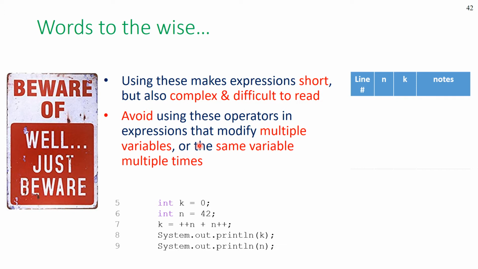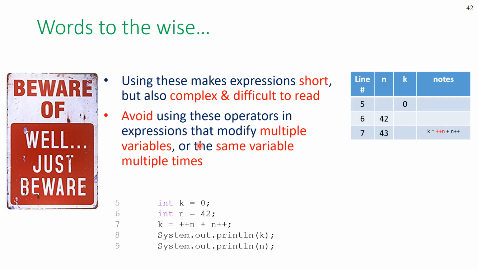So let's do a trace table real quick, right? Line 5, k equals 0, all right? Line 6, n equals 42, all right? So far, so good. And then line 7, I'm going to use the notes column here, okay? Before I start execution of line 7, n is 42. I interpret this formula.